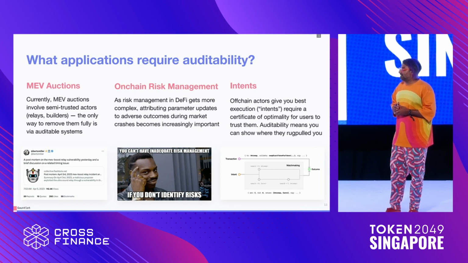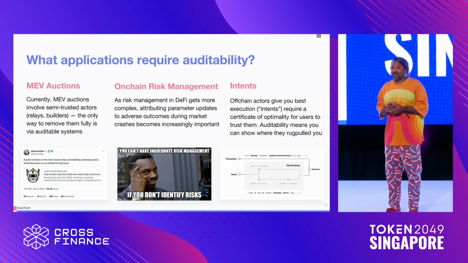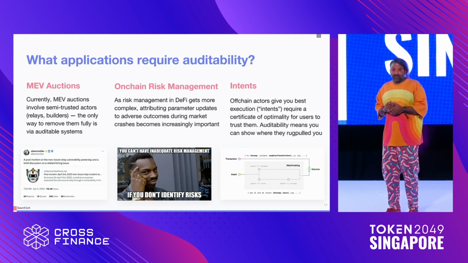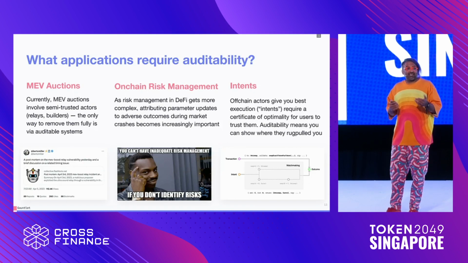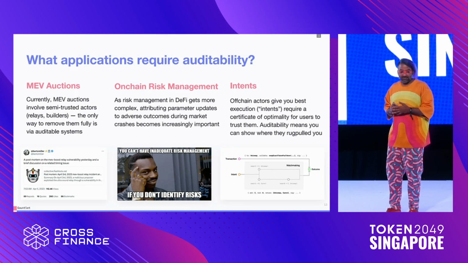So let's look at some applications that exist within crypto where auditability does matter and things actually have become quite important. So the first, of course, is MEV auctions. MEV means miner extractable value. It's sort of things where people can extract excess value from adding transactions, censoring transactions, or reordering transactions.